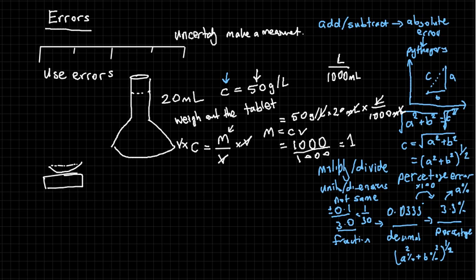So let's say I measure it out and I get, well, I'll make it better because we have to deal with absolute errors. So let's say I put the watch glass on the scales, and I zero the watch glass to 0.